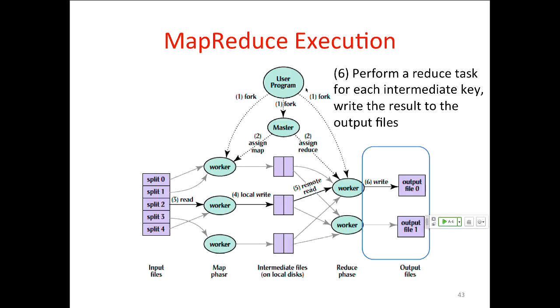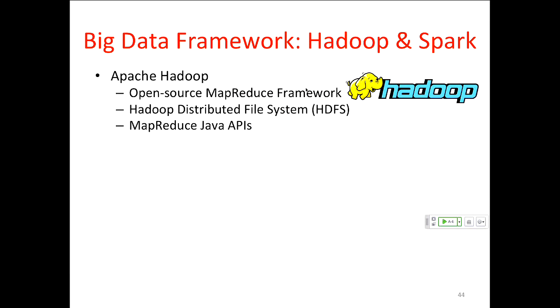Okay, so then we have looked at some general concepts of MapReduce. Now, for MapReduce, there are some example implementations which are available to you. Hadoop is an open source MapReduce framework, and it consists of two main parts.